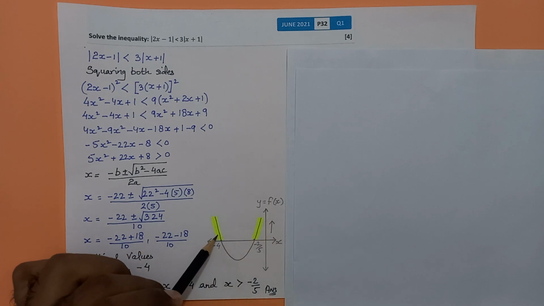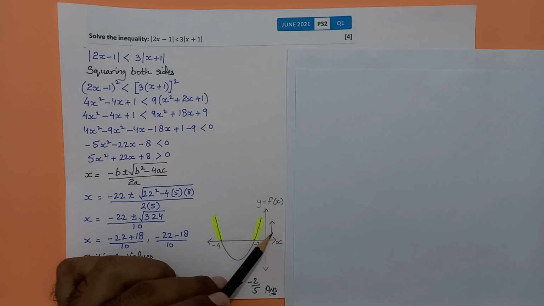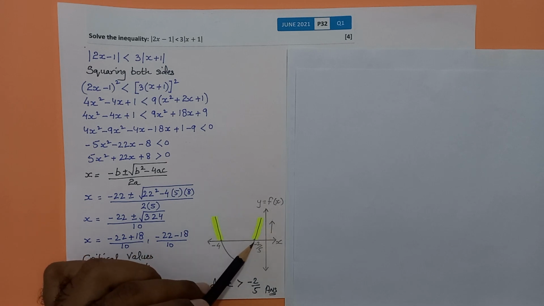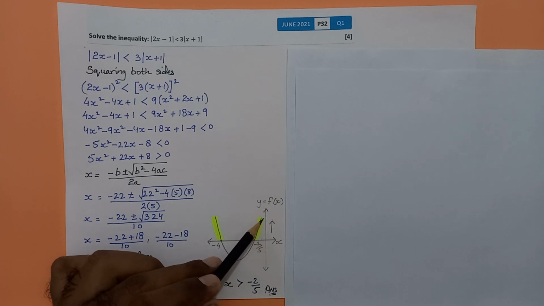By observing the graph, if we need a positive value of y, we need those values of x which are greater than -2/5. If you take any value greater than -2/5, you can see it would give a positive value of y.